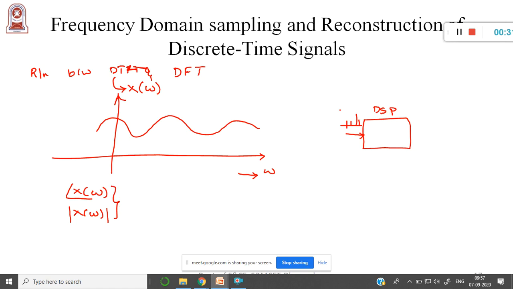I cannot store or process a continuous signal in the processors, because a processor always requires a digital signal. Then what is the solution? How do you obtain this? From this, I need to get a signal in the form of x of n, a discrete signal.